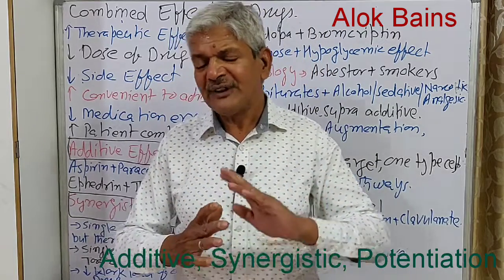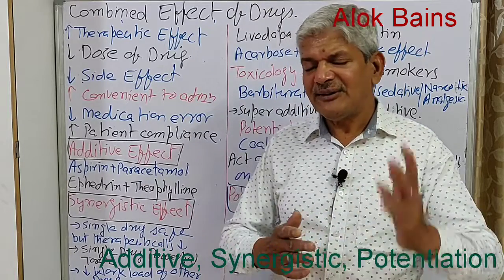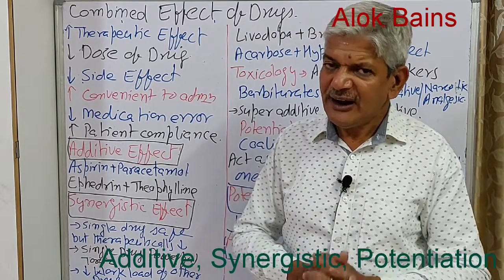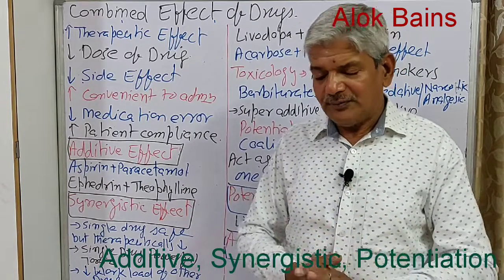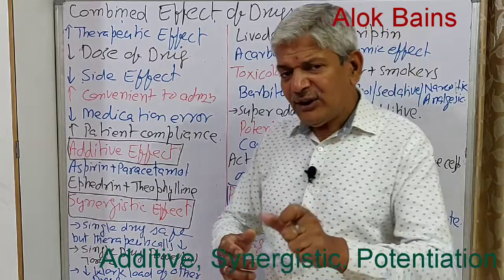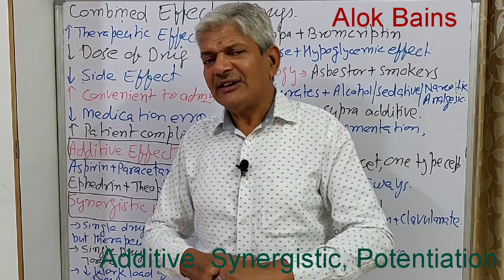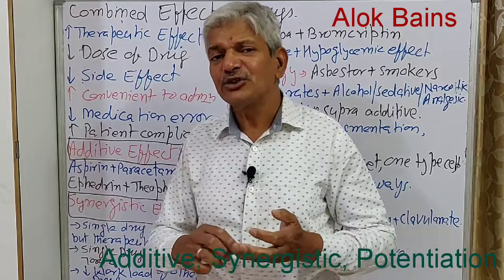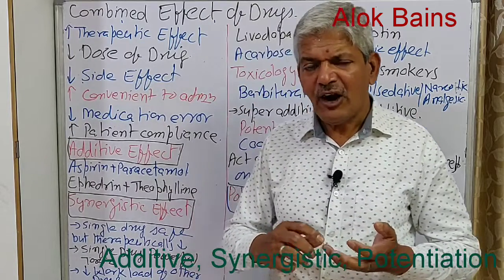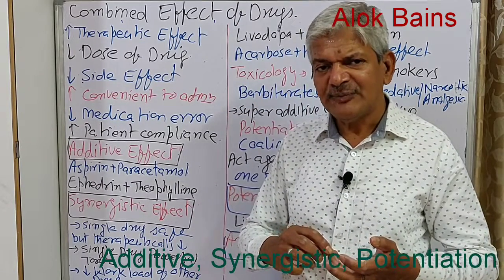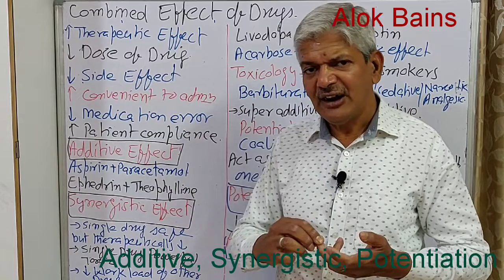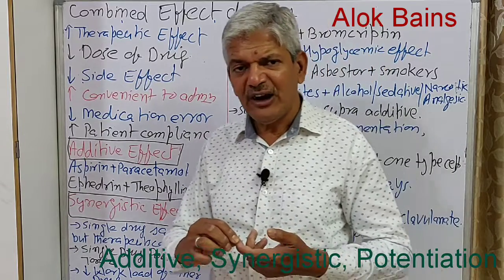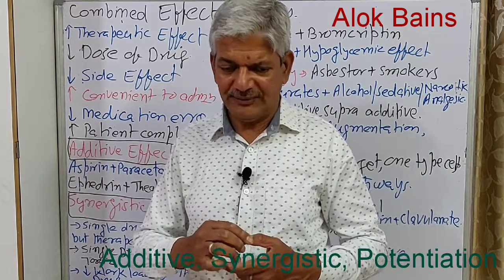We have studied the synergistic effect and the additive effect. Now, the synonyms of the synergistic effect are different names like super additive effect, supra additive effect, potentiation effect, augmentation effect, or coalescence effect.